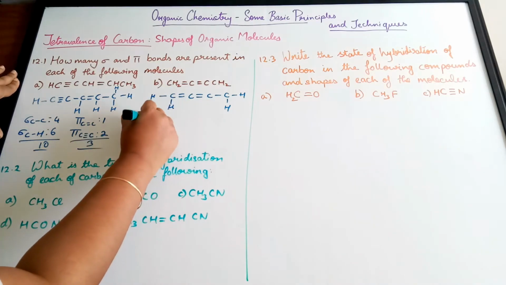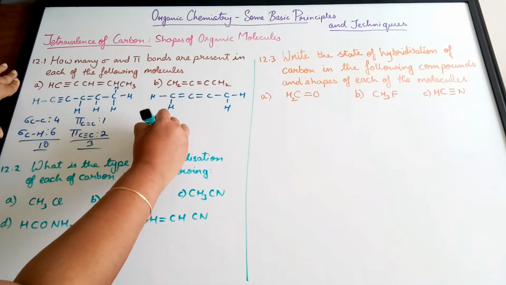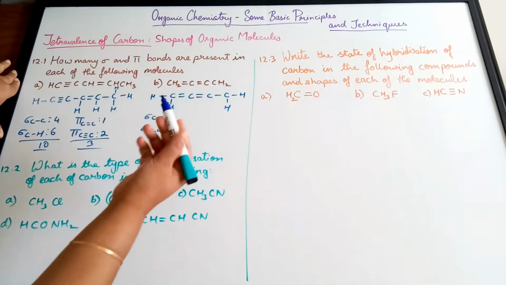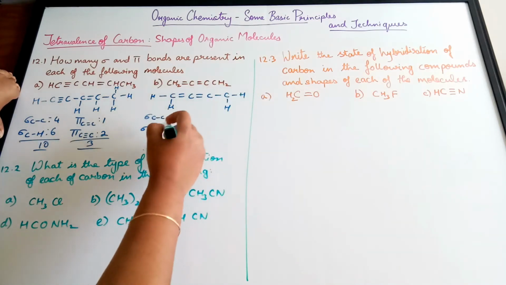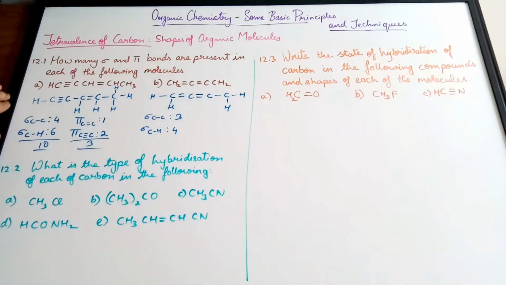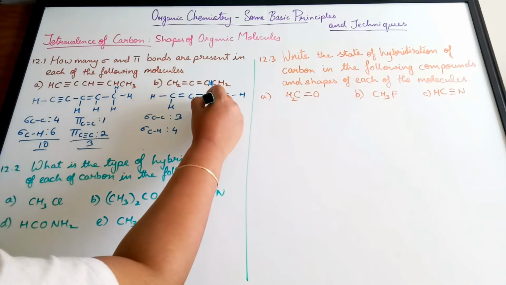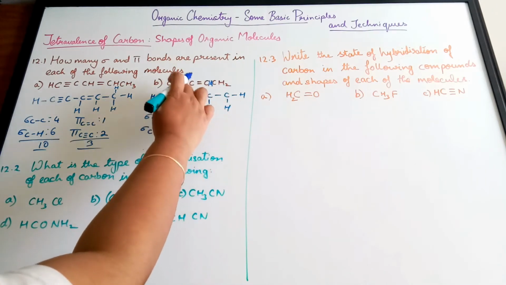here let's look at the sigma bonds. So you have a CC sigma bond and a CH sigma bond. In case of CC, you have 1, 2, 3 CC sigma bonds, whereas CH, 1, 2, 3, 4. Oh, I am so sorry, here I made a mistake.